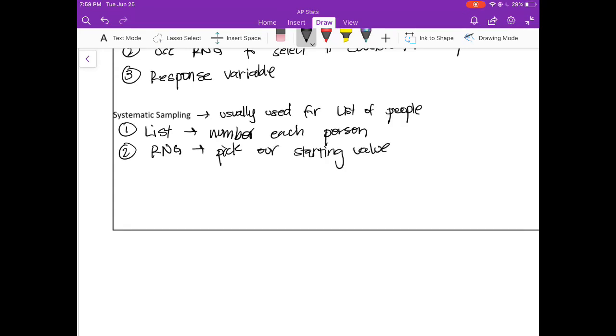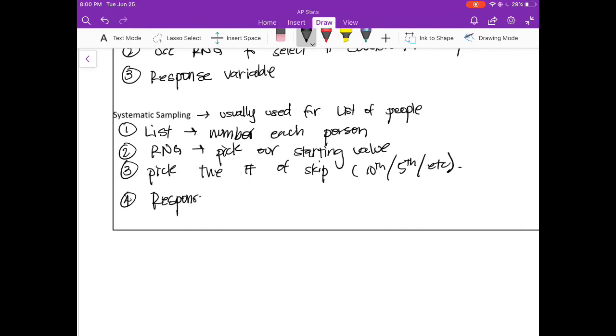And then from there, it's up to you to pick the number to skip, meaning every 10th, every 5th, etc. And then our last step is still the same thing. It is our response variable, so whatever you are measuring for that problem.